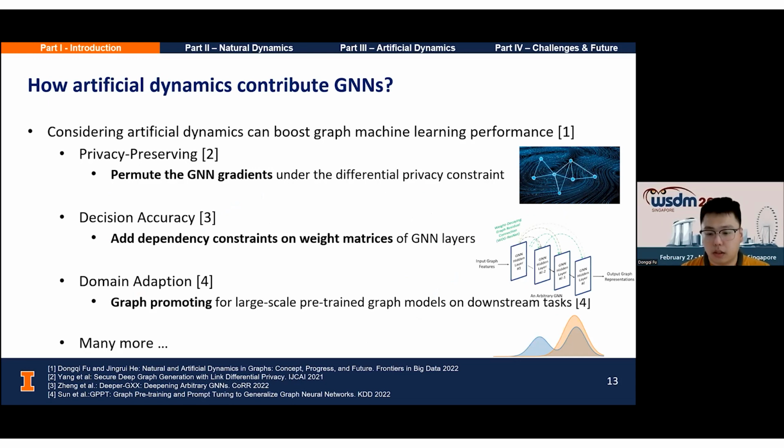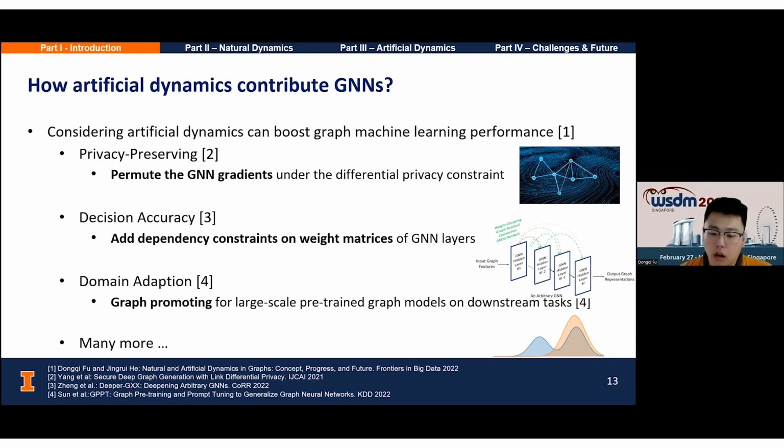Also, in certain scenarios like missing features or heterophilic graphs, we need to stack more graph neural network layers. Adding weight dependency across graph neural network layers can preserve the graph topology property when dealing with the overfitting issue of deeper graph neural network models.